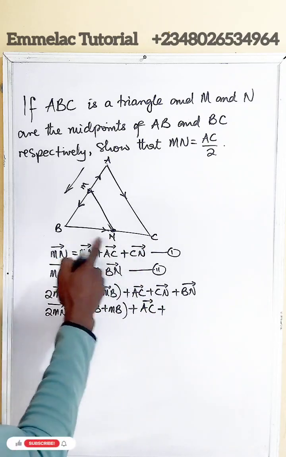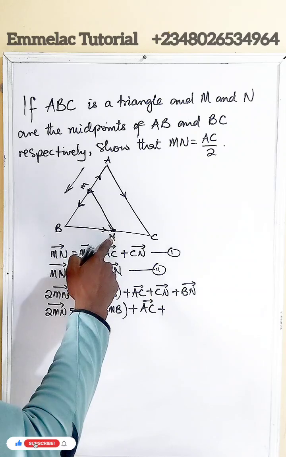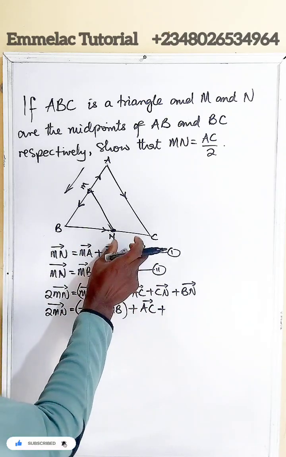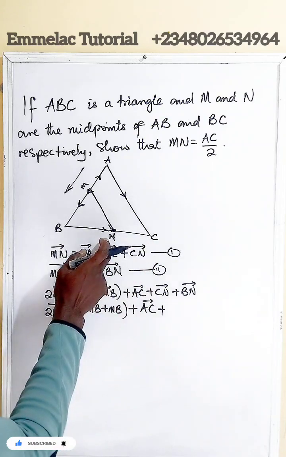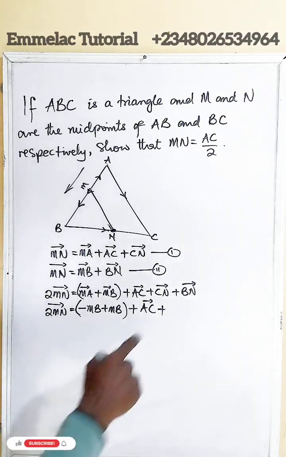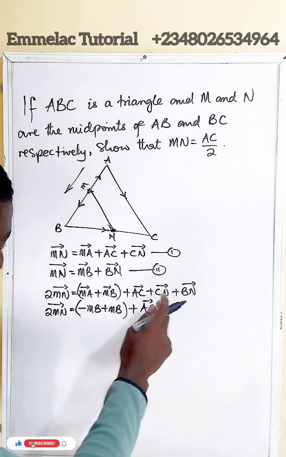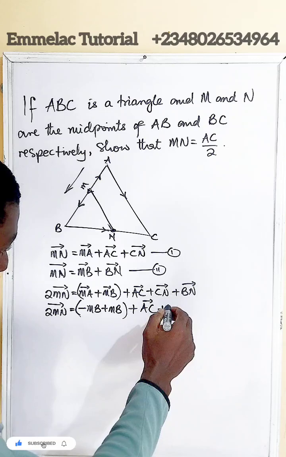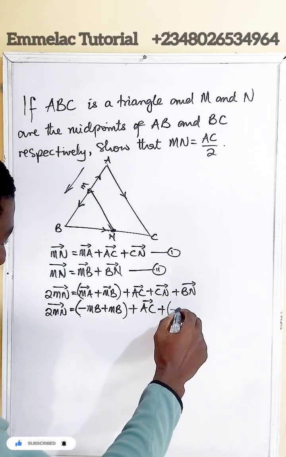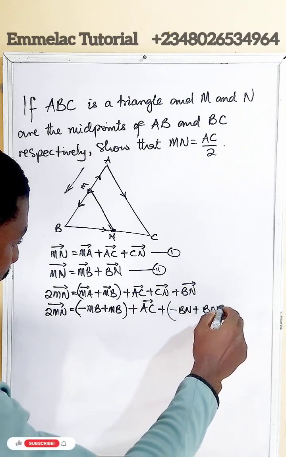Plus BN. Now you can see N is the midpoint of BC. So NC and BN have the same magnitude but different direction. So here we can say this and this now will definitely be minus BN plus BN.